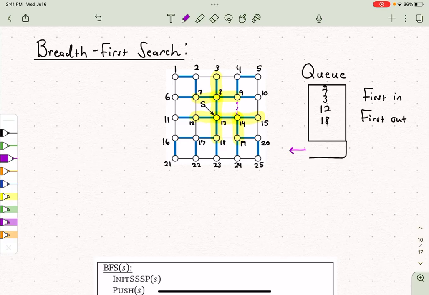We keep looking at the current, what's called frontier, which are all these nodes right here that we're going to visit next. And for any node on the frontier, we extend the frontier by 1 level by adding its neighbors to the queue.